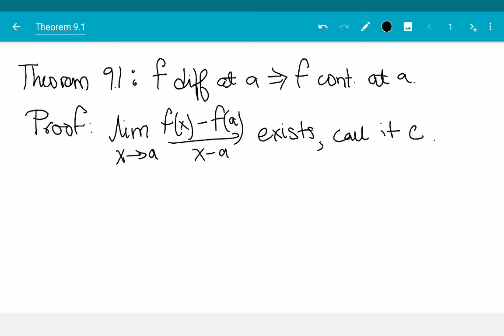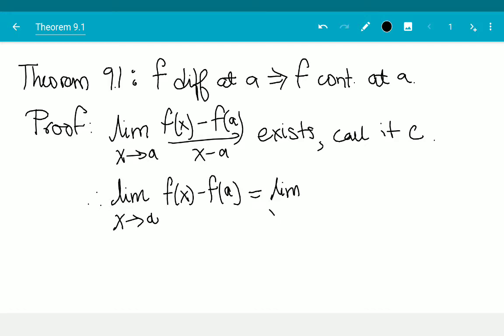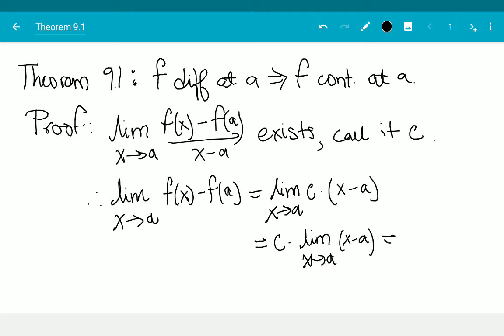So there is some number c, which is the limit of this, and it's finite. Therefore, limit x approaches a of f of x minus f of a is equal to limit x approaches a of c times x minus a, which is equal to c times limit x approaches a of x minus a, which is equal to c times 0, which is 0.